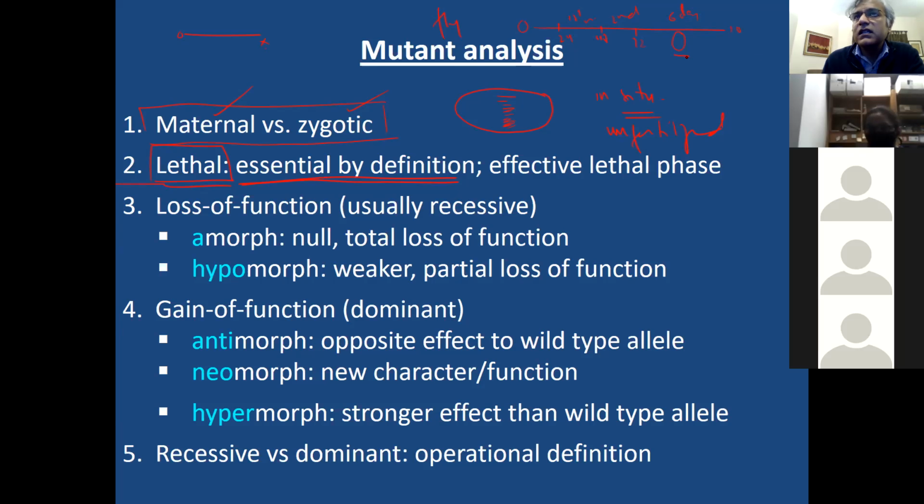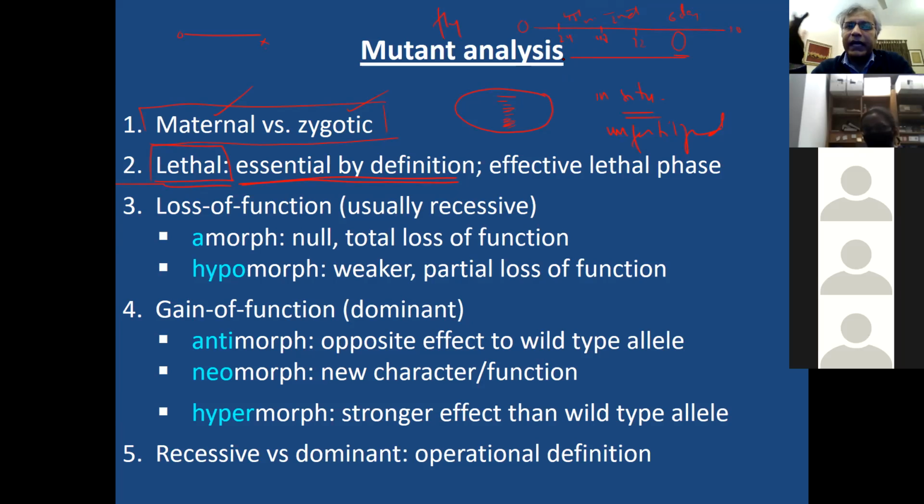It means it's living like a normal larval stage, but it's pupal lethal. It could be embryonic lethal, which means you never see larva development. So you have to define then the phase where this death is taking place.